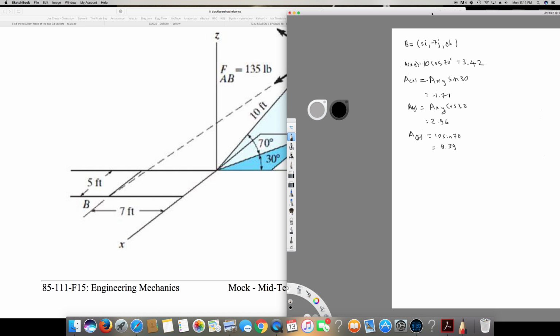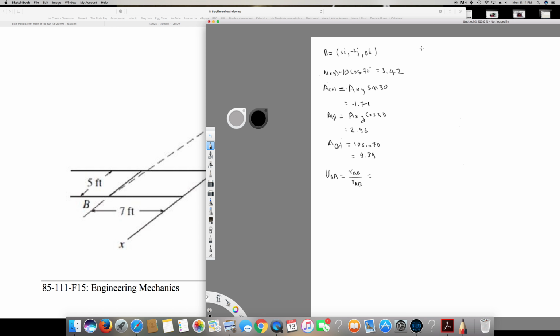From this information I can find UAB. UAB is going to be equal to RAB over the RAB magnitude. Let's put the values together so it's easy to calculate. B is 5i minus 7j and 0k.